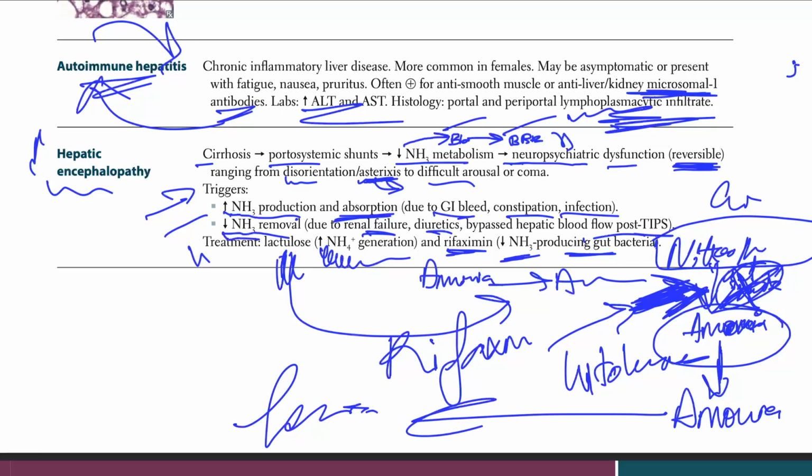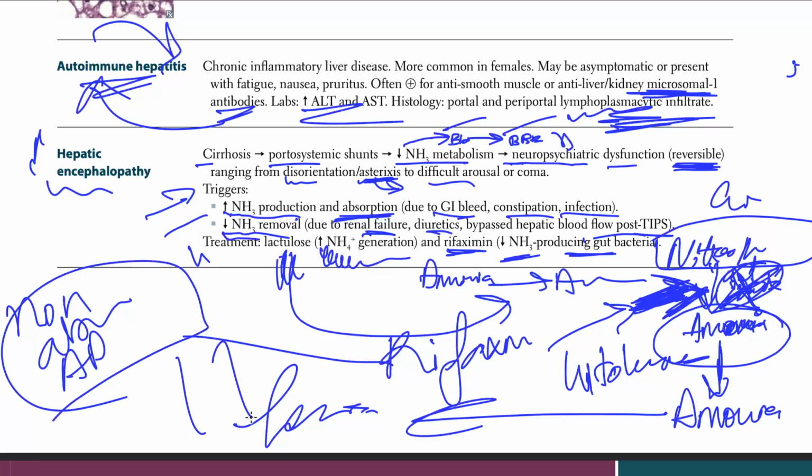Okay. And this rifaximin is a non-absorbable antibiotic. It stays within the lumen, destroys the gut bacteria, and doesn't let them convert nitrogen into ammonia. Okay. All right, that's pretty much it.